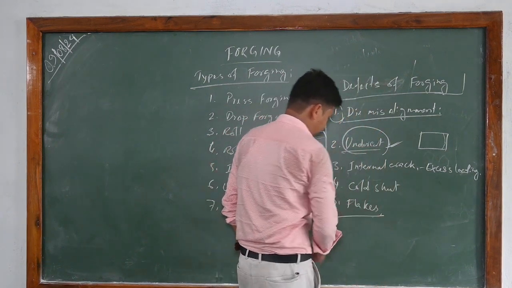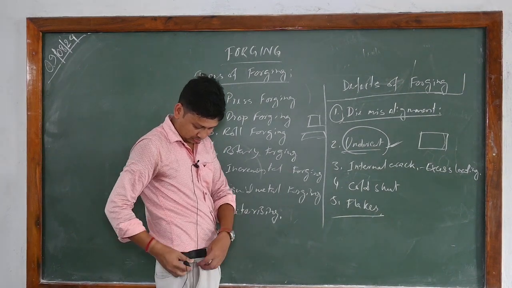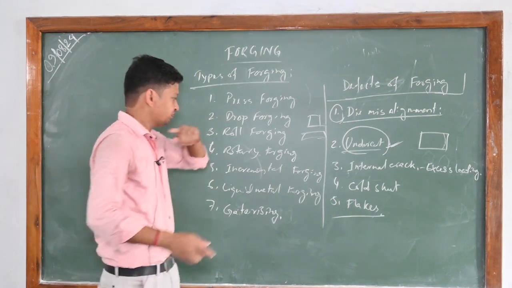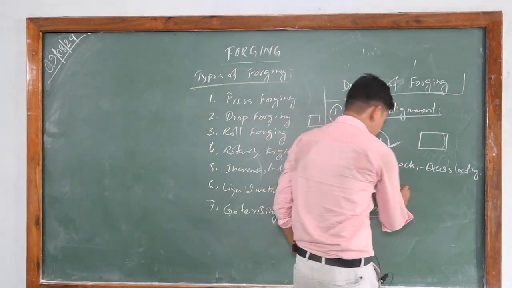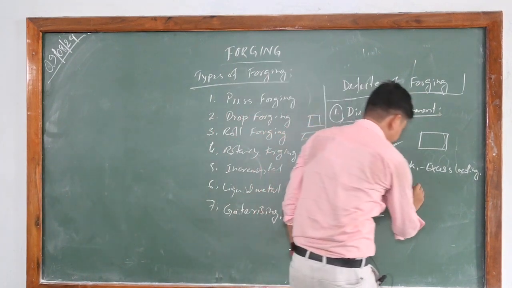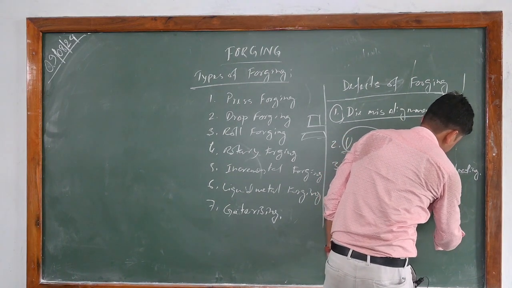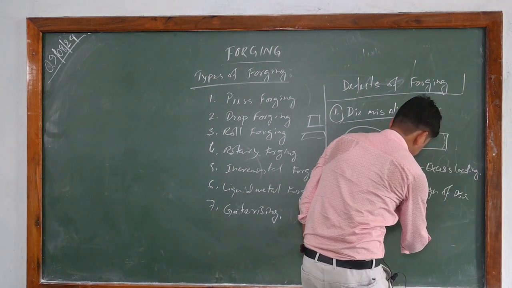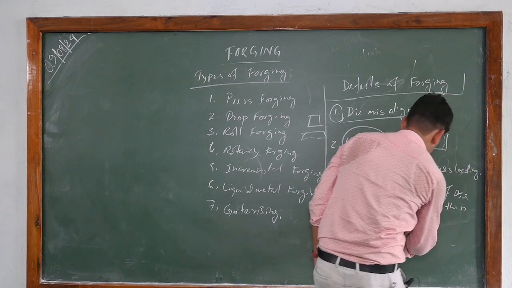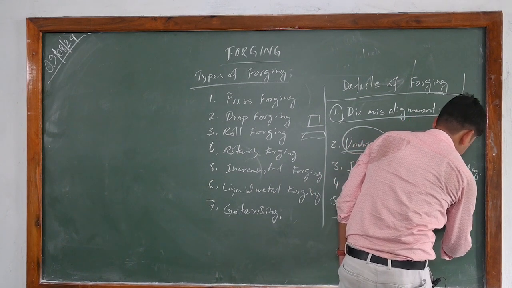In cold shut, if the design of the die is wrong, then cold shut happens.